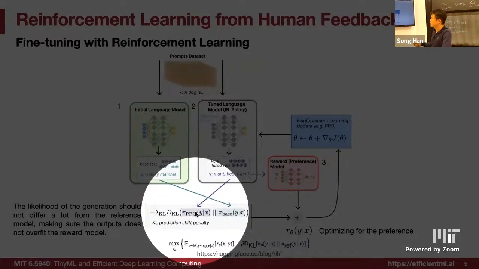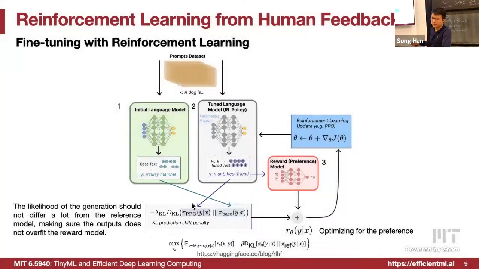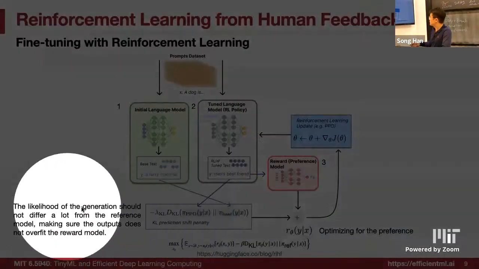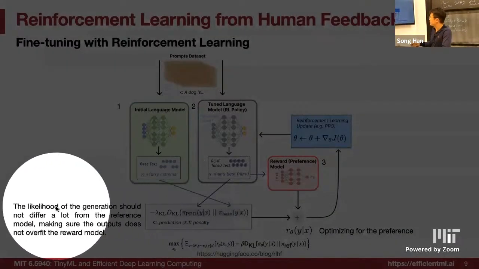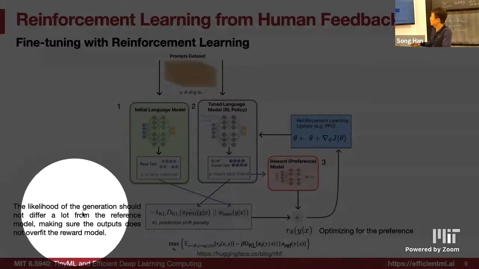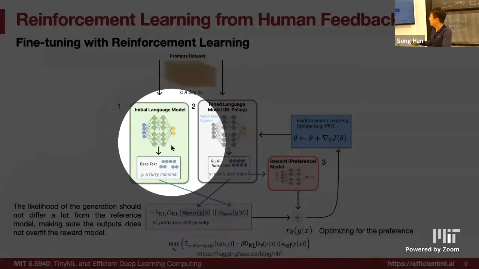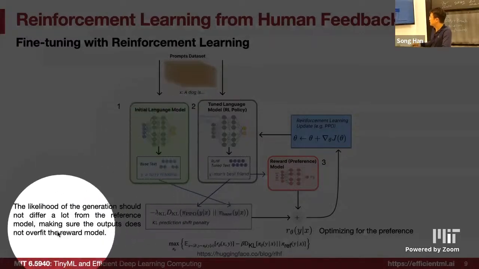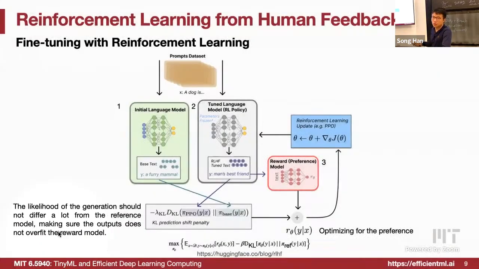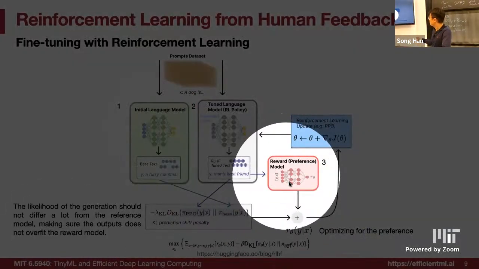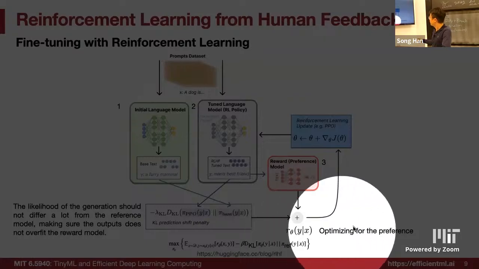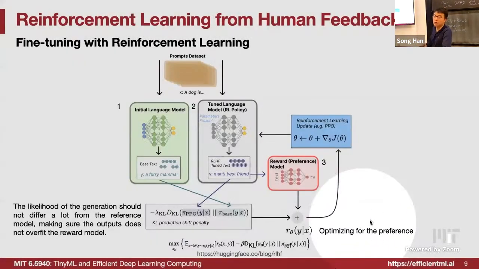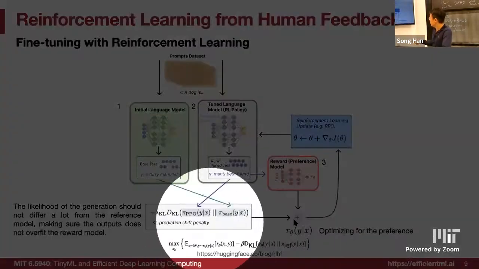We have one loss term to make sure that the new model's generation does not differ too much from the reference model, so the output does not overfit the reward model. And second, we have the reward model. We want to make sure we are aligning the output with human preference. So these are the two loss terms.